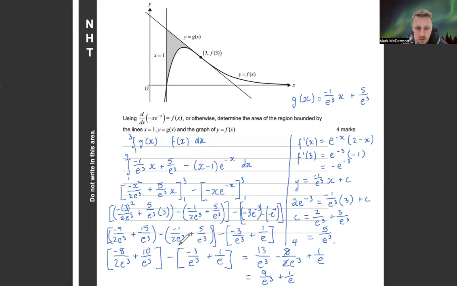Yeah, it should be -1 on e because that minus got expanded in. It got expanded in there.